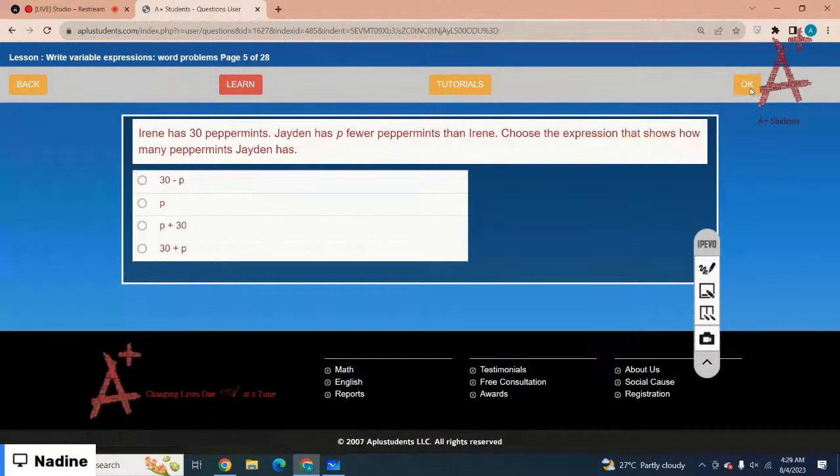Yes, that would be 30 minus P, because Iron has 30 and Jaden has P fewer than Iron. That means it would be 30 minus P. So, the correct option is, very good, 30 minus P. Option number 1 is the correct option. It would be 30 minus P.